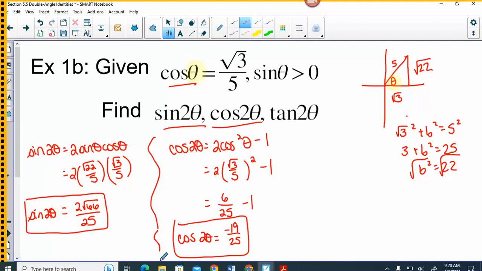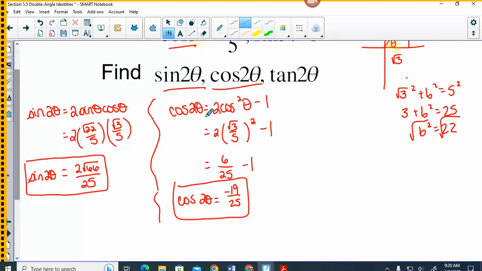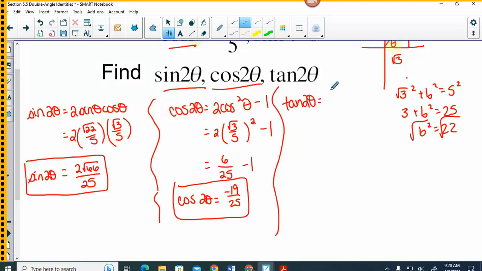All right, tangent 2 theta, the easiest option is going to be just to divide these like I did last time. I'll use the formula just to show you how you would do that. But like I said, if you want to go ahead and just divide sine 2 theta and cosine 2 theta, that is perfectly fine. So this was the identity that we copied down.